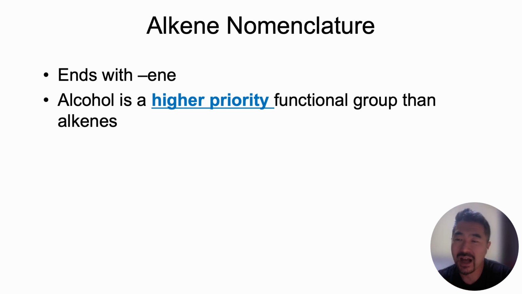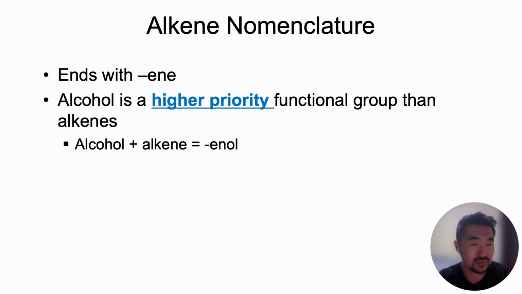I do want you to know that alkene is not a very high priority functional group, and when we say priority in this case, it's not in the same sense as we talked about for RNS assignment, but this has to do with higher priority functional groups getting a lower location number, like 1 or 2 or 3 in the chain, rather than a lower priority functional group. That gets a little bit more important next semester when you start discussing higher priority functional groups like ketones, carboxylic acids, and so forth.